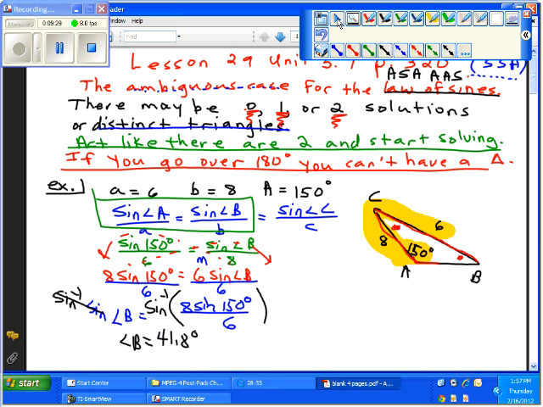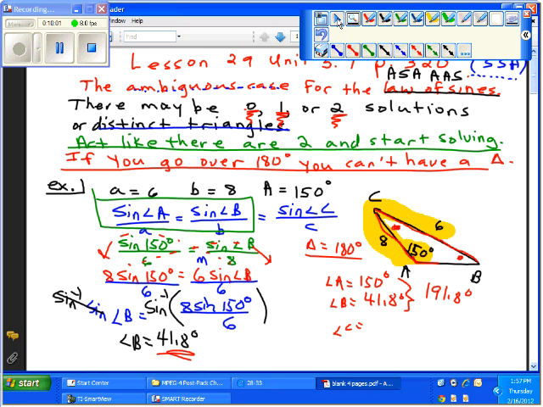Now, we've got angle A, angle B, angle C. A was 150 degrees. Angle B, we just found out, was 41.8 degrees. Do you see that that's already 191.8 degrees? A triangle is only 180.